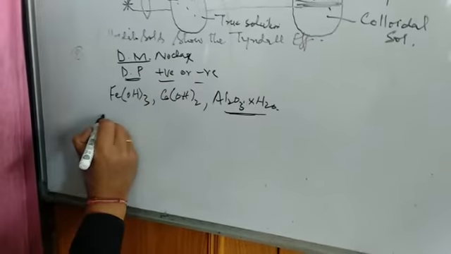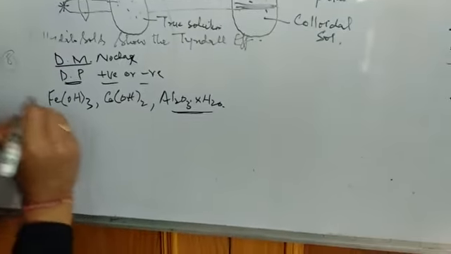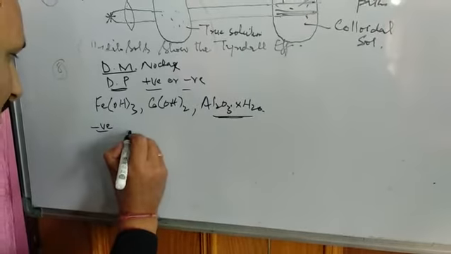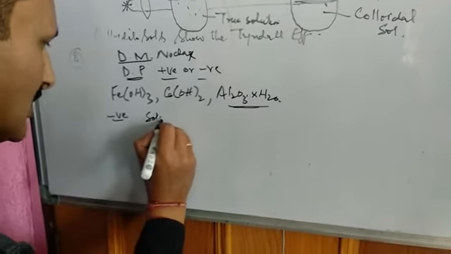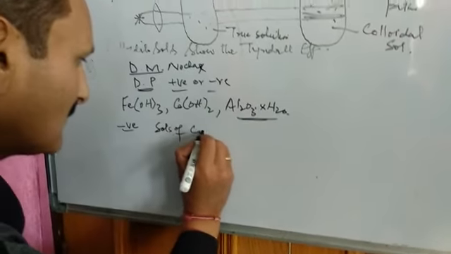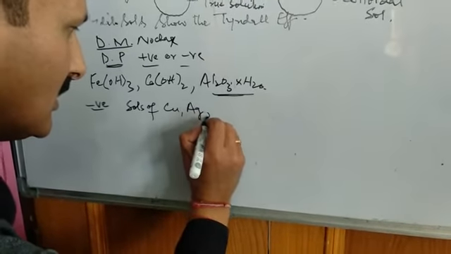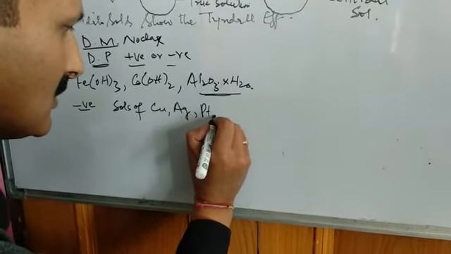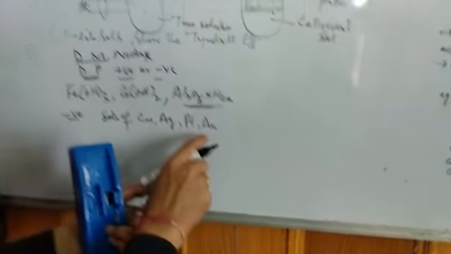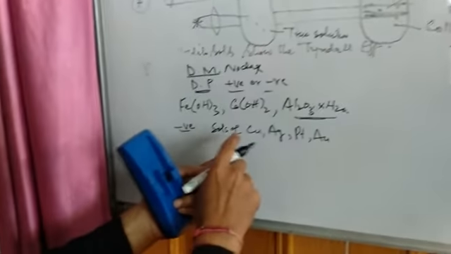Similarly, we have negatively charged colloids also, like solutions of salts of copper, silver, platinum, gold. The solutions of these metals, these are all metals, are negatively charged colloids.